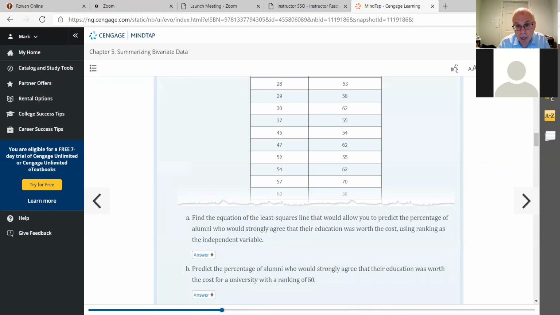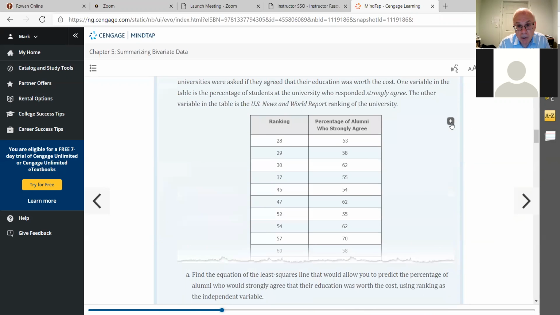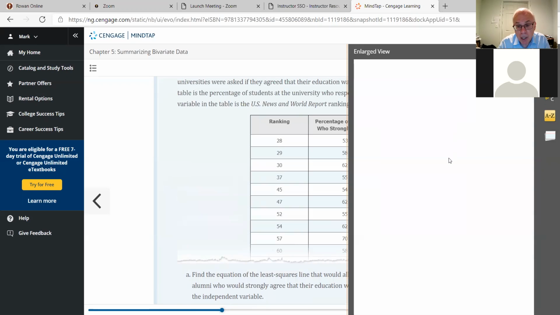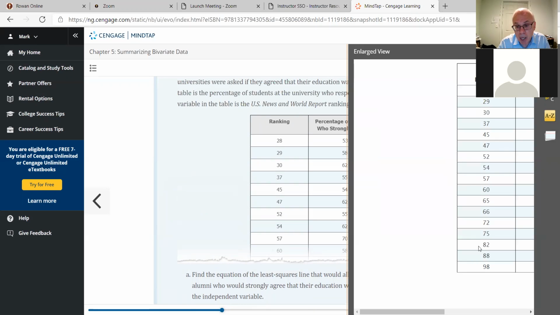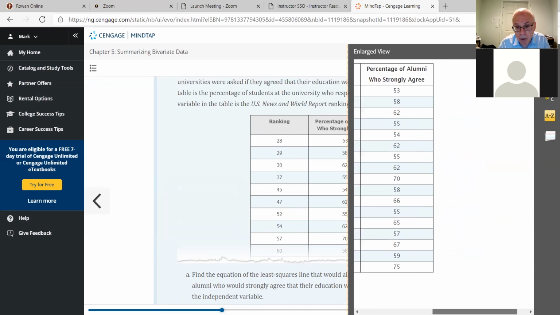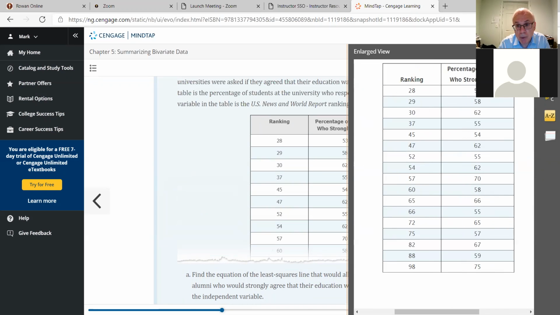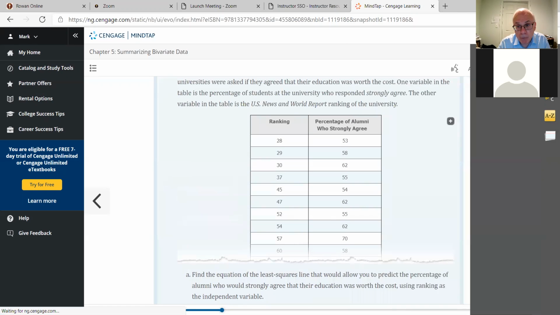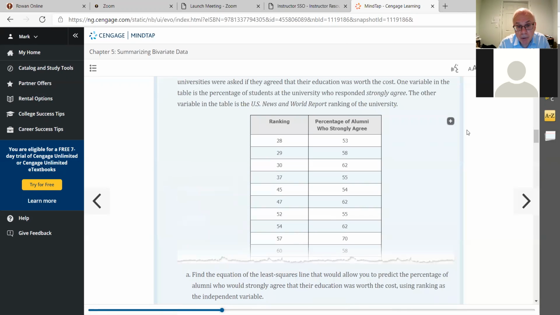See, here's another one like that. There's another one where you have to hit the plus sign and you get to that table. All right, and again, you scroll over till you can see it all. There's the table there. So again, wanted to bring that to your attention.